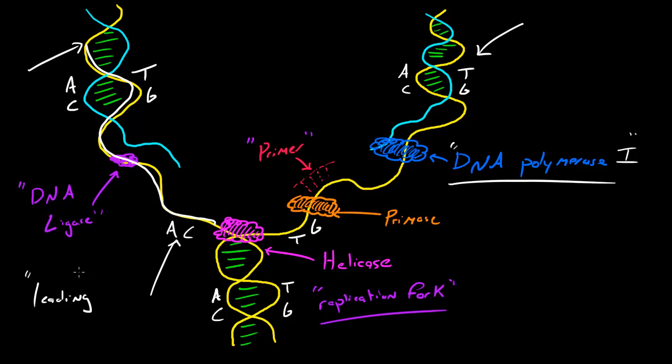This is called the leading strand, and another side of the DNA is going to be called the lagging strand, because unlike the leading strand, this is actually going to grow in chunks or fragments. So again, the side that is one continuous strand is called leading. The side that grows in chunks or fragments is called lagging.